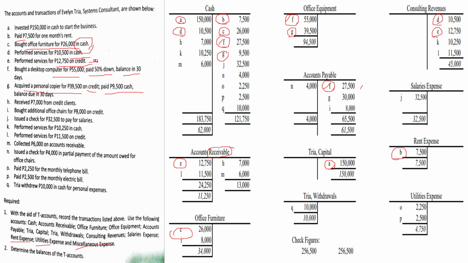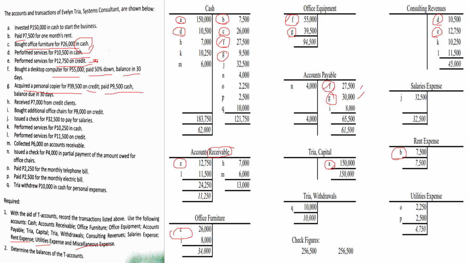Yes, we have 30,000 as still a payable or a liability. So again, once liability is increased, it will be credited. So on the T account of the accounts payable, we have letter G, credit, 30,000.